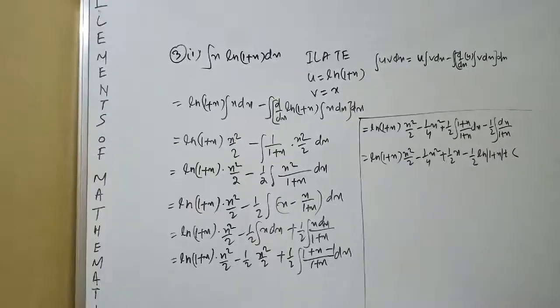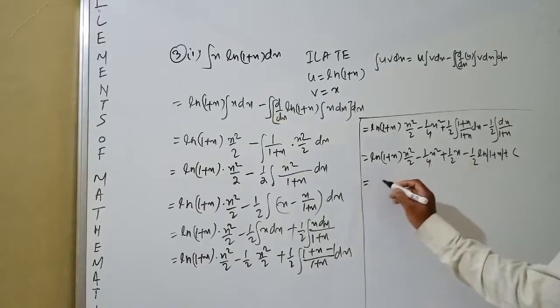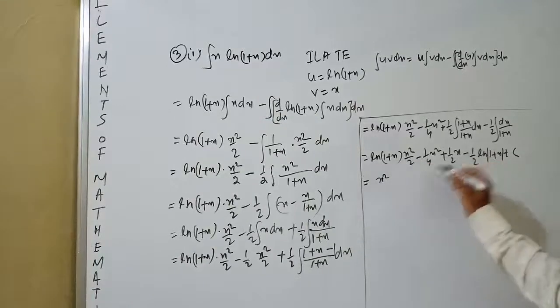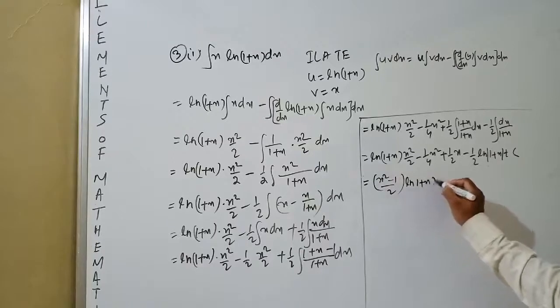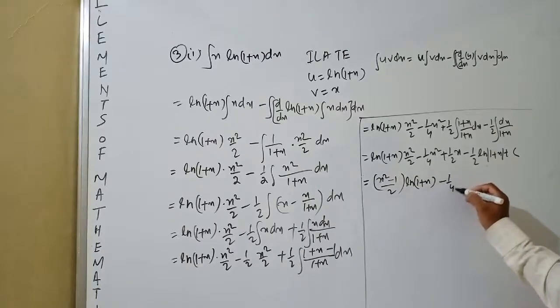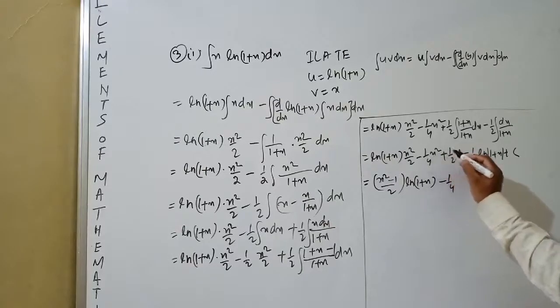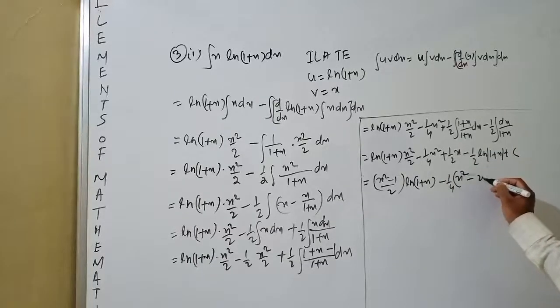Here I can take ln(1 plus x) in common, that is (x square minus 1 by 2) ln(1 plus x). Then minus 1 by 4, taking 1 by 4 common from these two terms: 1 by 4 x square and 1 by 2 x, that is x square minus 2x.